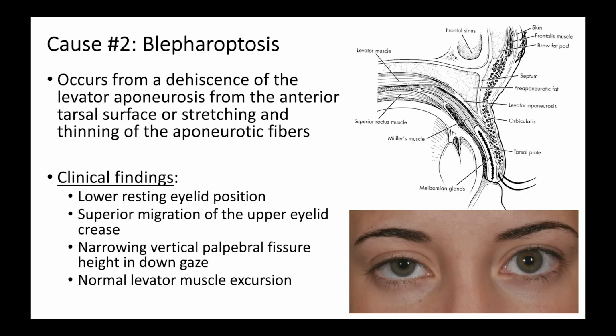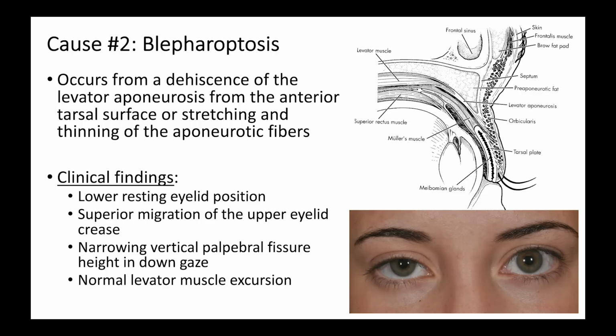And what happens here is that there are muscles that raise the eyelid, the major one being the levator and the levator aponeurosis. And the levator muscle, often with aging, will actually stretch, what we'll call dehiscence or stretching of that muscle.